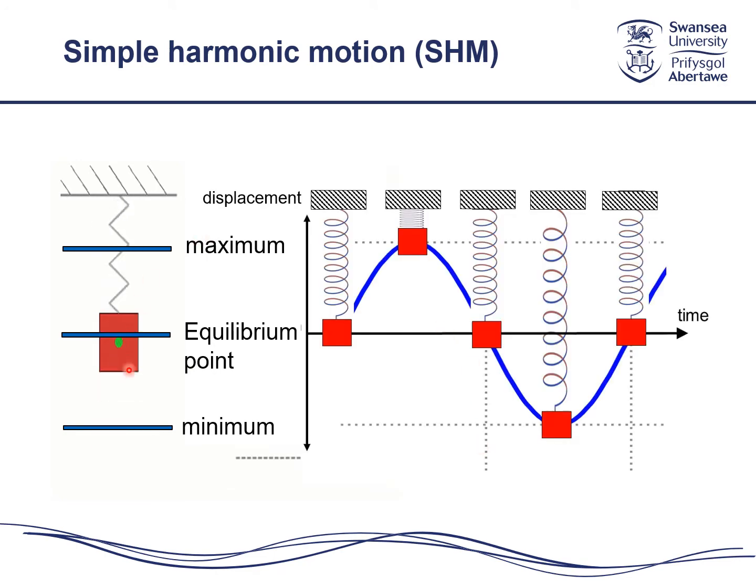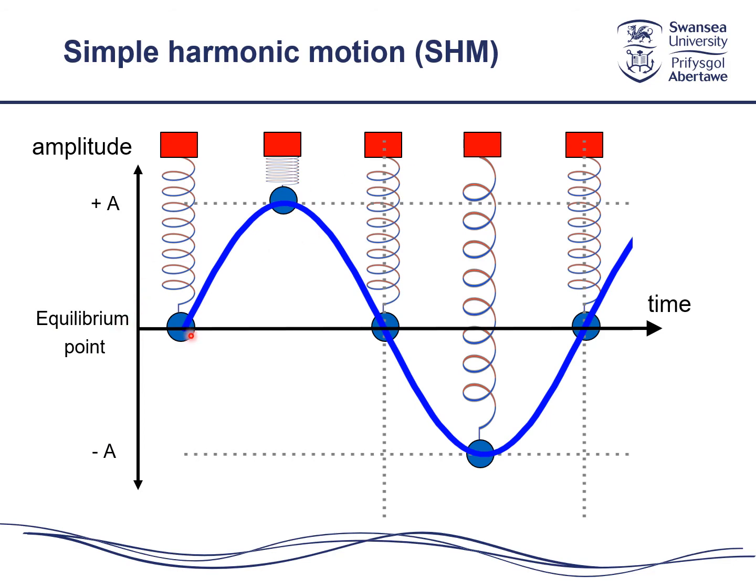If we plot displacement against time, starting from the equilibrium point, the spring is then compressed at the maximum. It extends back out, going through the equilibrium point, to the maximum extension of the spring at this minimum displacement, back to the equilibrium point, and so on.